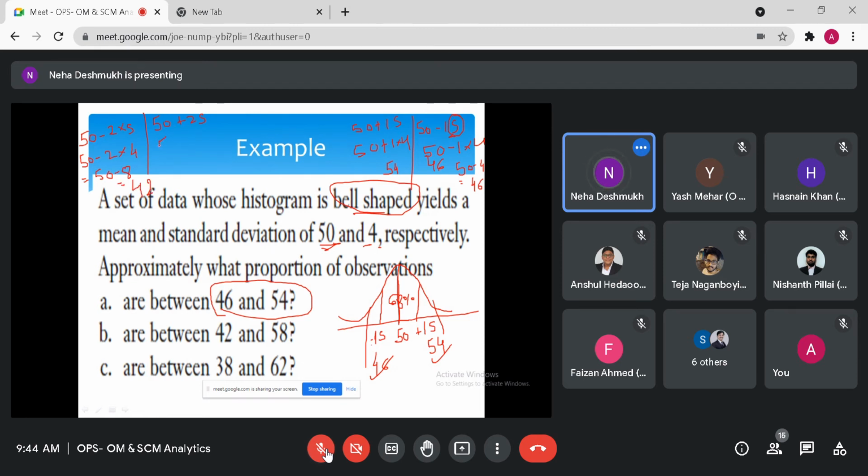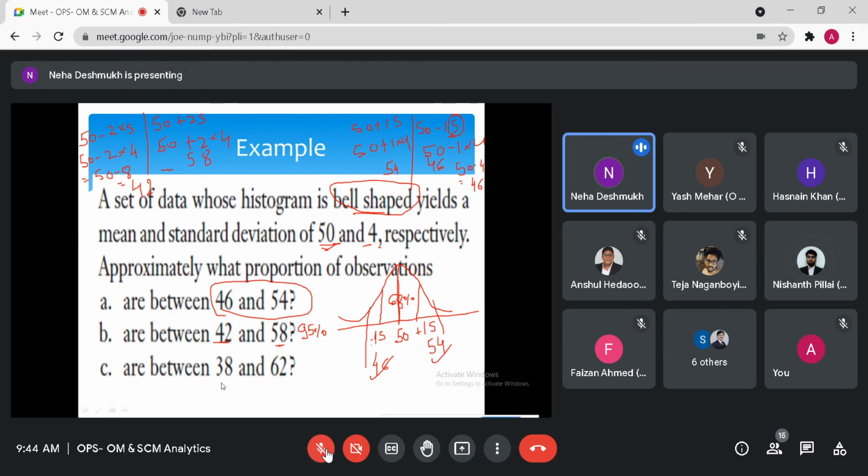And here 50 plus 2 into 4, so it will be 58. This 42 and 58 is the range of 2s. What does it mean? I can interpret 95% of all the observations fall between this range. Is this clear?